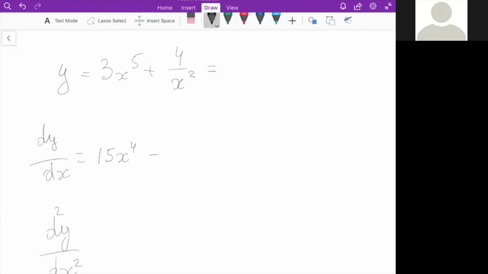Yes, minus 8x minus 3. If we rearrange that bit, we have 4x to the minus 2, so 4 multiplied by minus 2, x to the minus 2 minus 1. Minus 8x minus 3. Good.